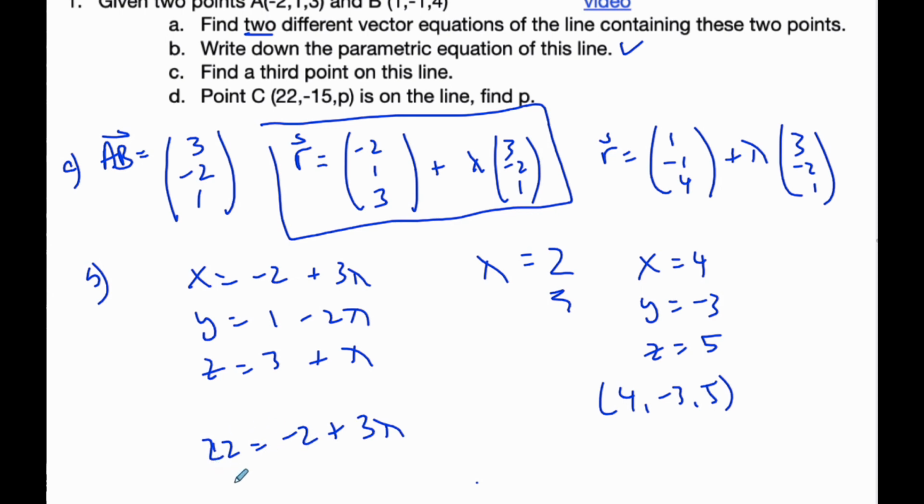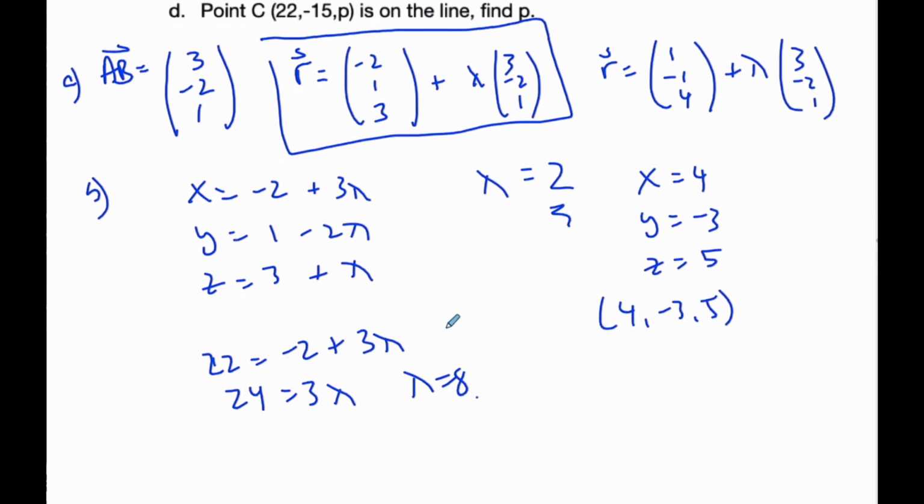If I add the 2, I get 24 is equal to 3 lambda, and so lambda is 8. I'm just going to do a quick check to make sure it works for -15. I plug in 8, that's -16, plus 1, that works. So now I know that p is equal to my z value of 3 plus lambda, which is 11. So p is equal to 11.